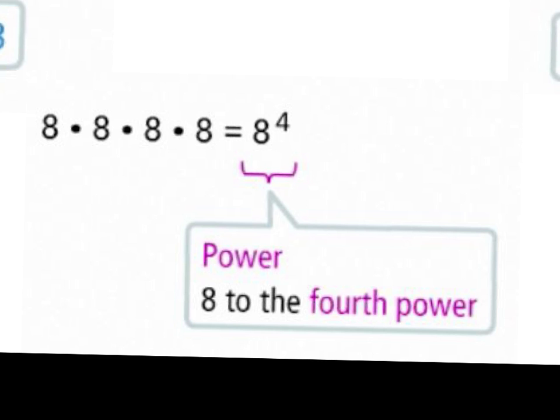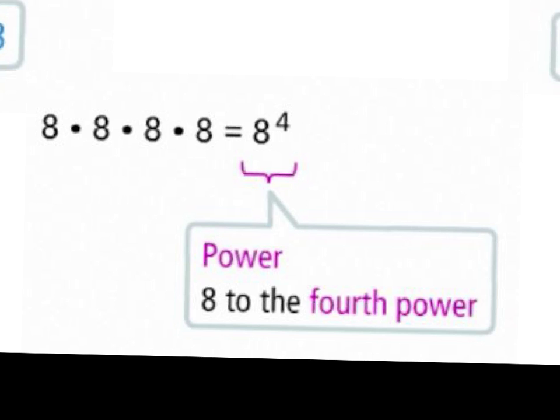You might want to remember that because it's lower than the exponent, kind of like the basement is the lowest part. So the 8 is the base. The 4 is the exponent. Those are two different things. The exponent tells you how many times you're going to multiply the base against itself.